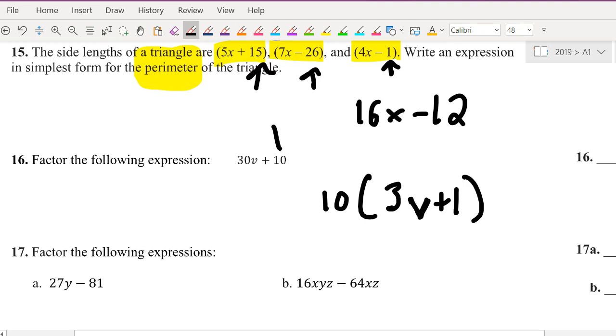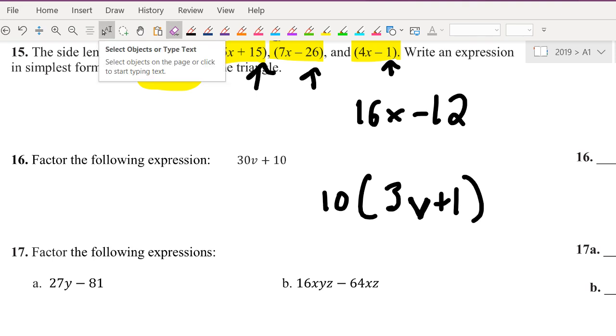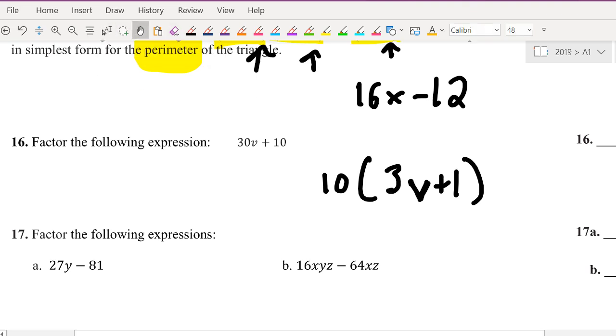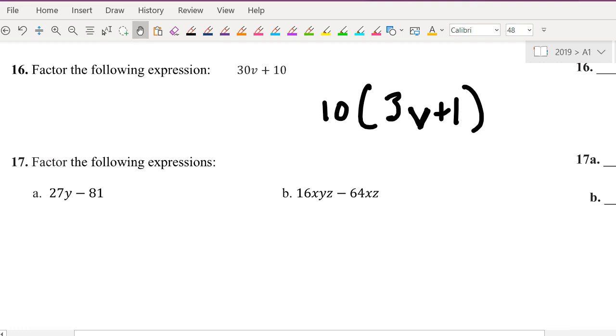Because when you take 10 out, we divide by 10. Mine says 10.5. Benny, I deleted it. Wait, mine says 10.5 also. Was it yours too? All right.